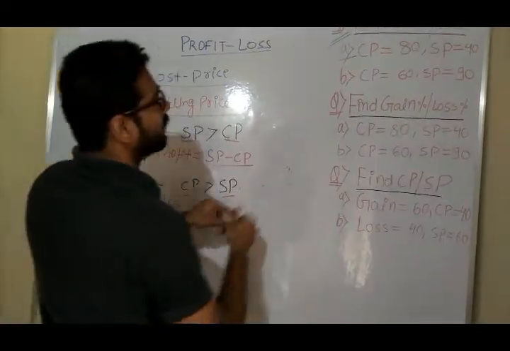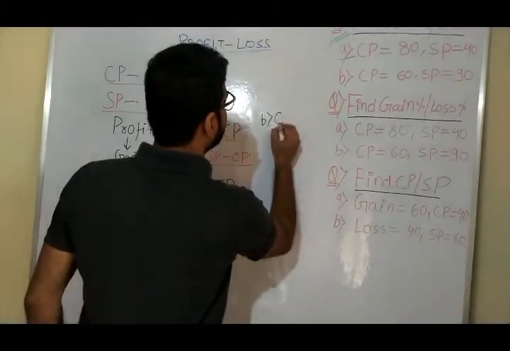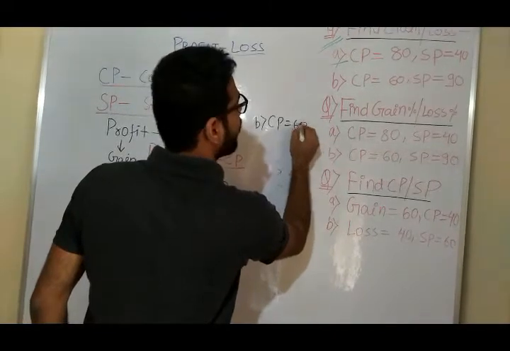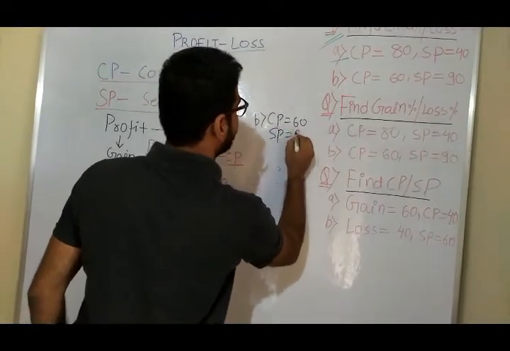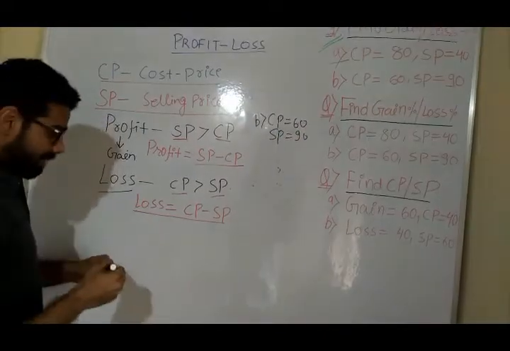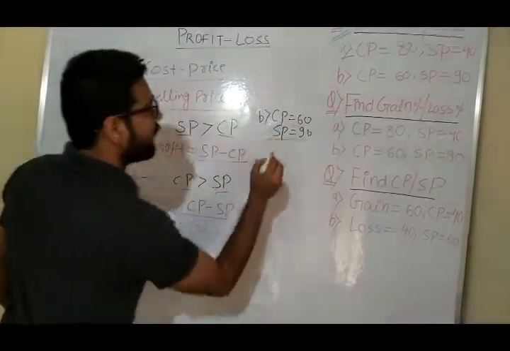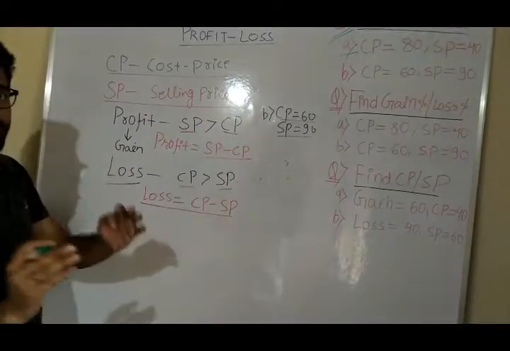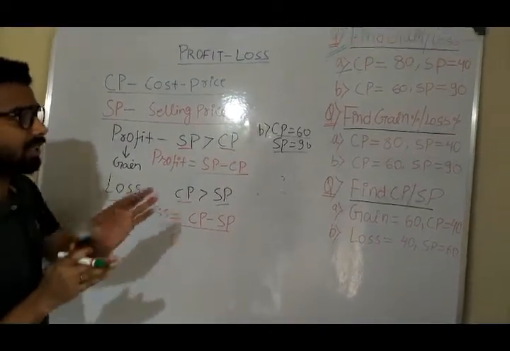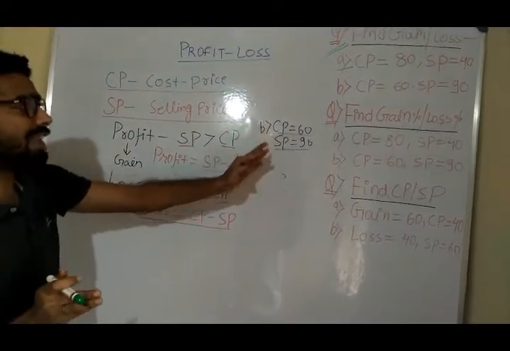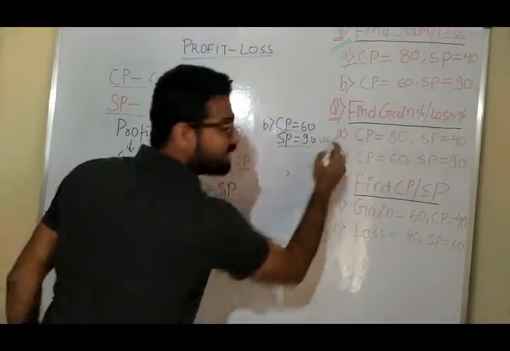Okay, see, in B it is given that CP is equal to 60 and SP is equal to 90. Now you tell me which is greater. CP? No. SP? Yes, SP is greater because it is 90.